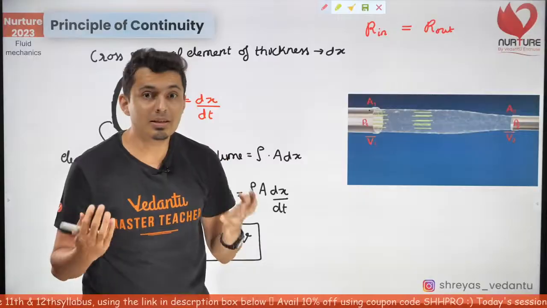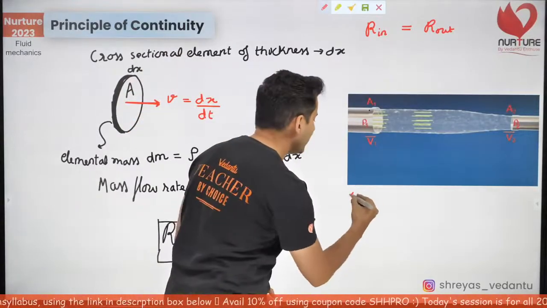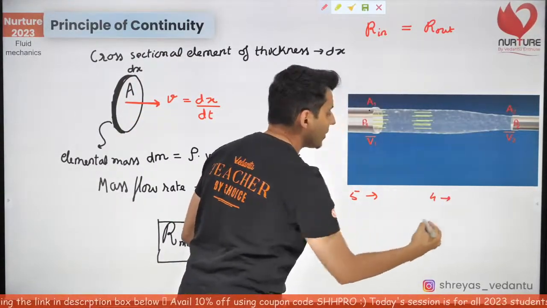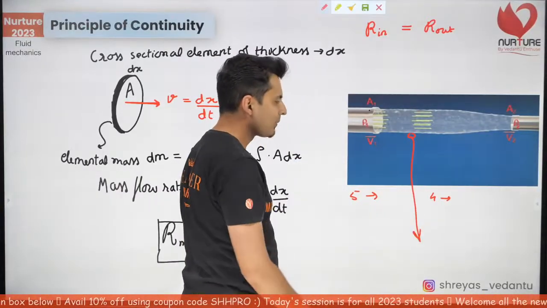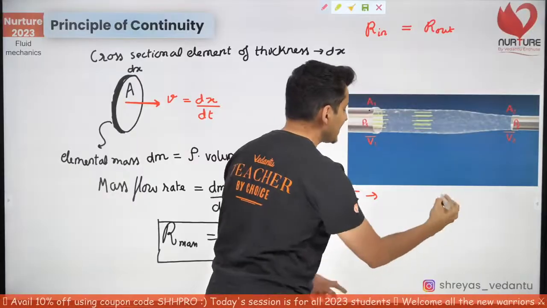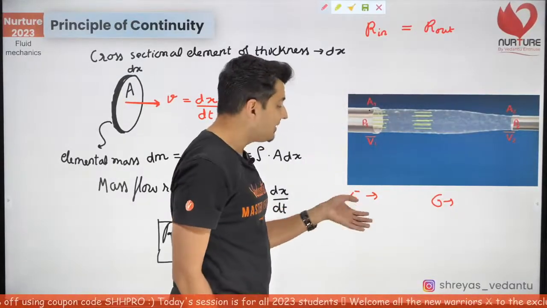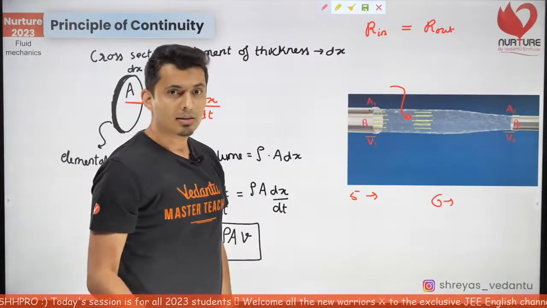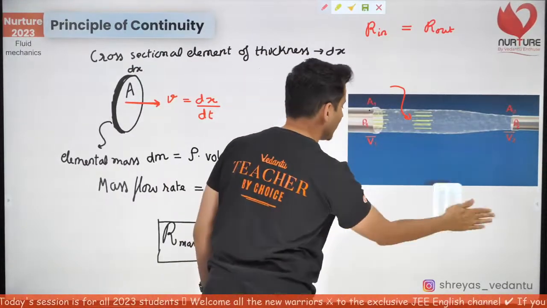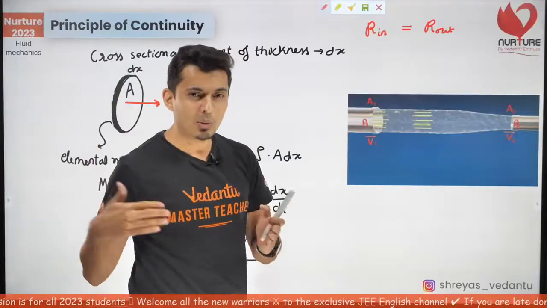If you put in 5 but get 4, there is a leakage in the pipe. Nor should it be 6, because that means somebody is adding some water silently. So basically whatever you put in should come out.